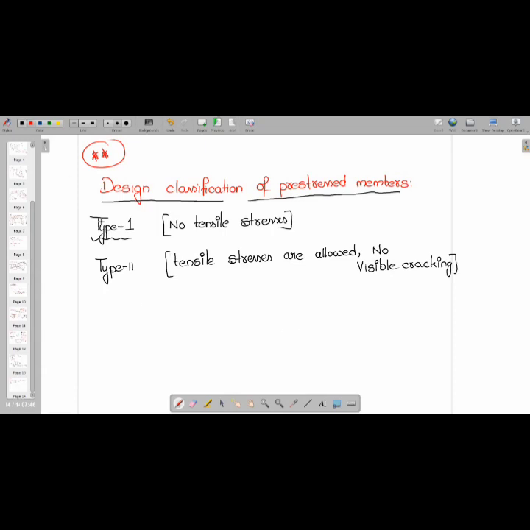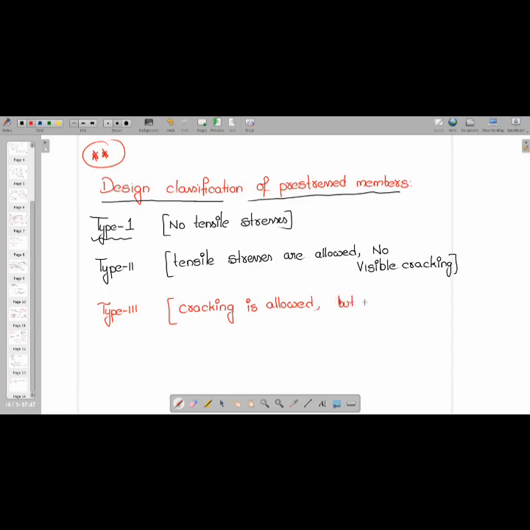Next one we have is type 3. What is type 3? Cracking is allowed, but it should not affect the durability.